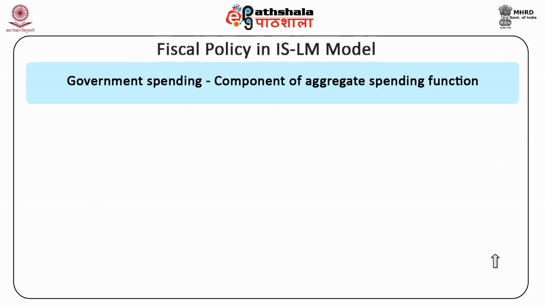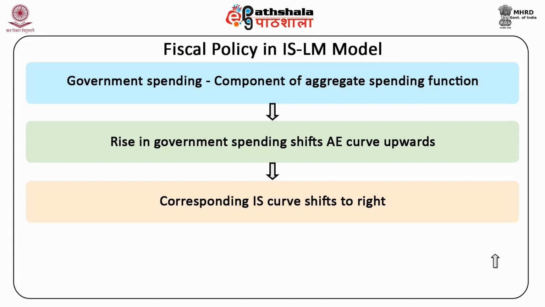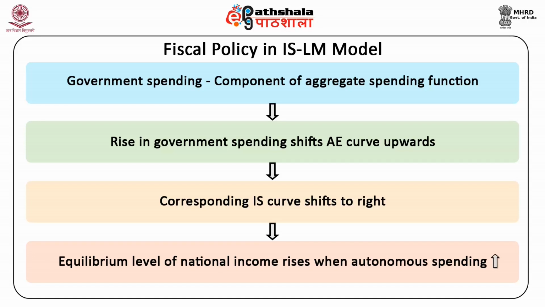The government spending is a component of aggregate spending function and a rise in it, given the interest rate, shifts the AE curve upwards and the corresponding IS curve shifts to the right because for a given interest rate the equilibrium level of national income rises when autonomous spending rises.